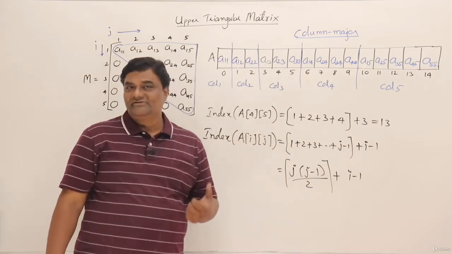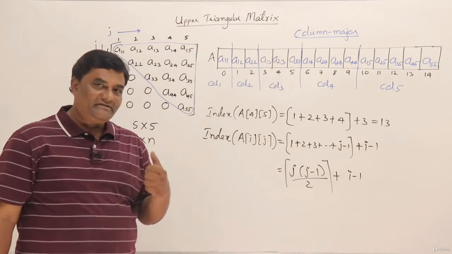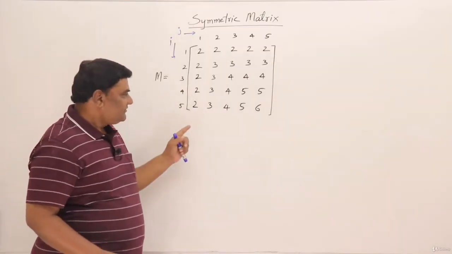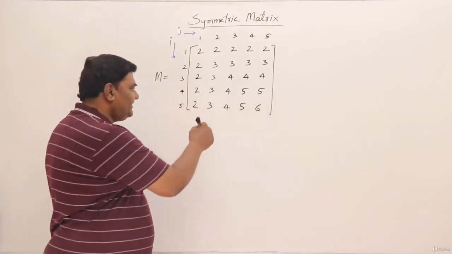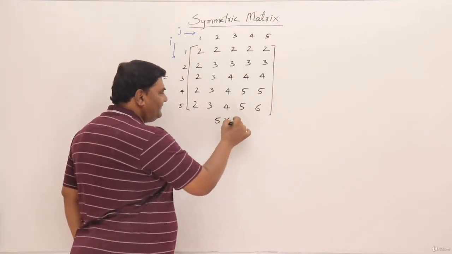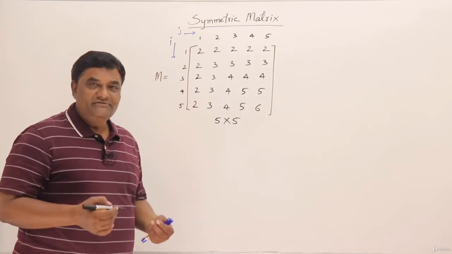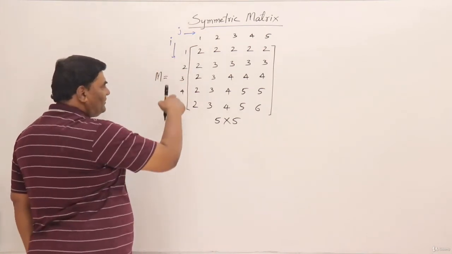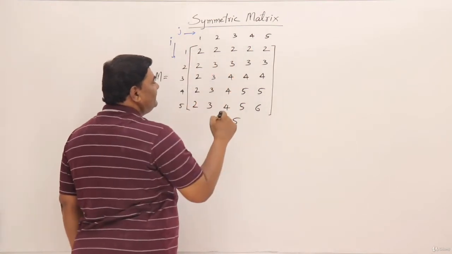Now we'll move on to the next topic, that is symmetric matrix. Here I have taken an example of a symmetric matrix of order 5 cross 5. Let us observe the property of this matrix. See, these are row numbers and these are column numbers.